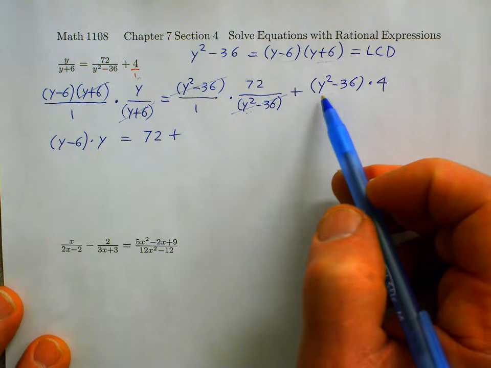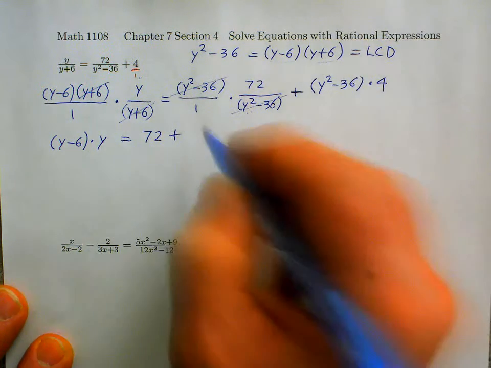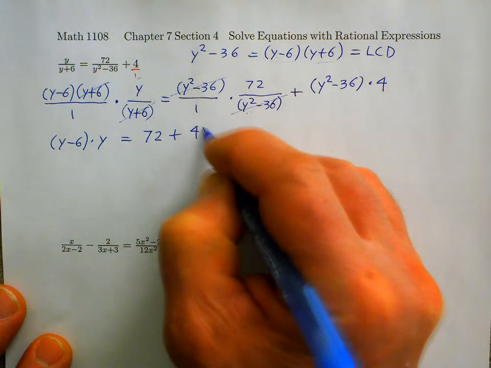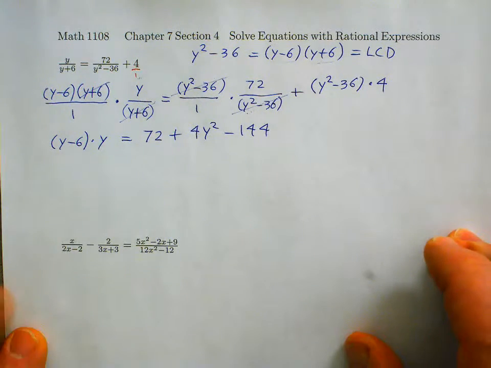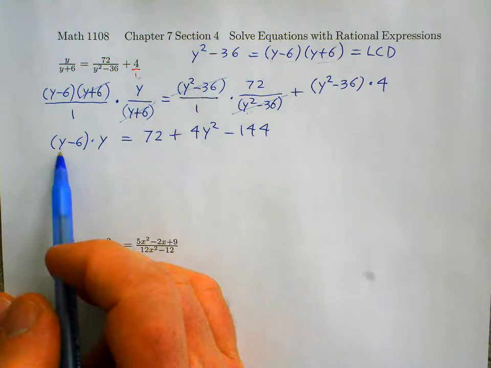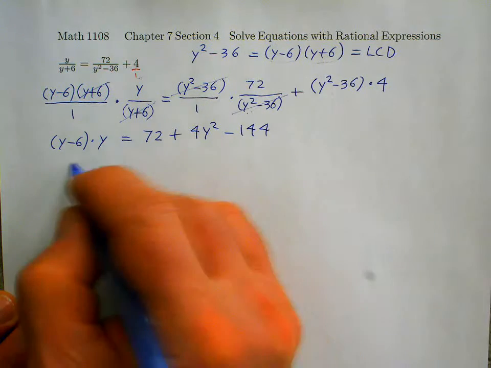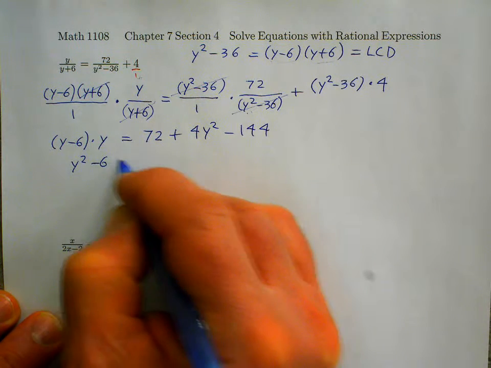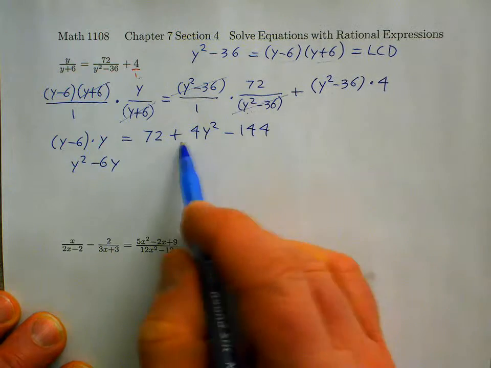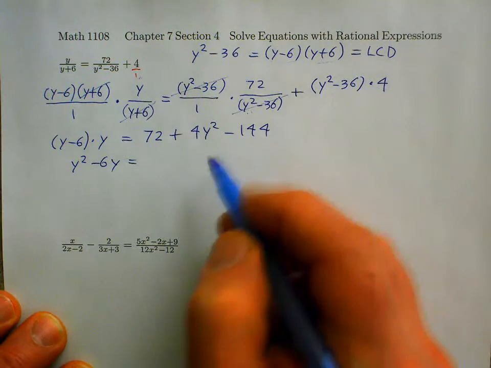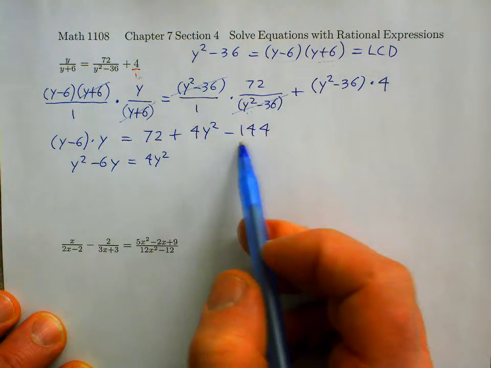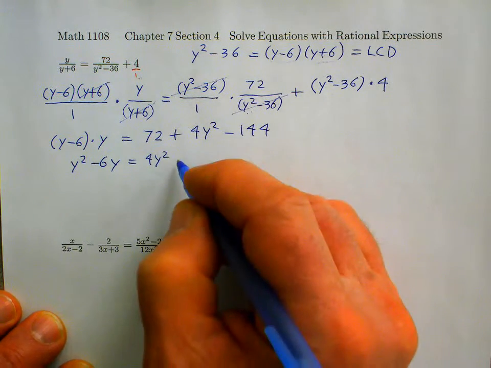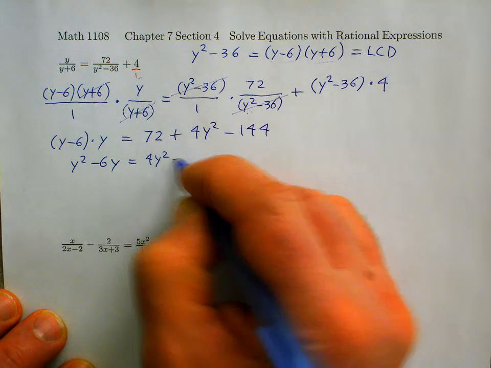So we'll just multiply the quantity y squared minus 36 by 4. And we get plus 4y to the second minus 144. Okay, on the left-hand side, y minus 6 times y is y to the second minus 6y. We can simplify the right-hand side to 4y to the second, and 72 minus 144 is negative 72, so we write minus 72.